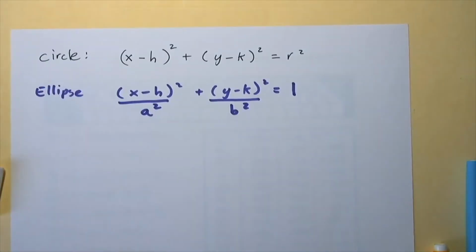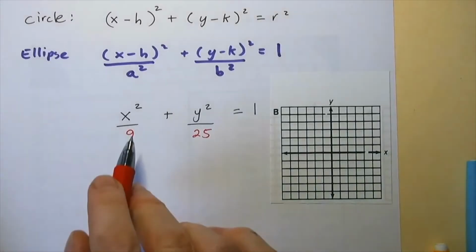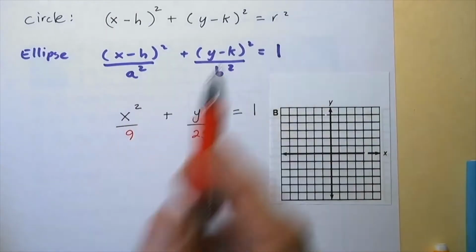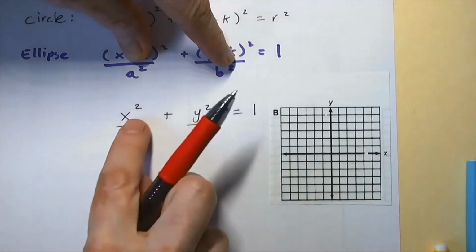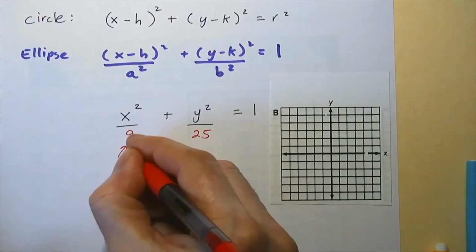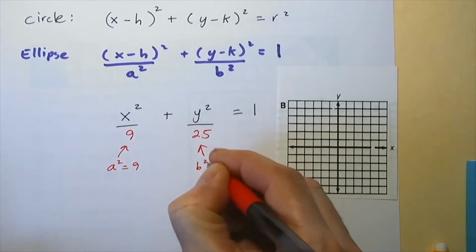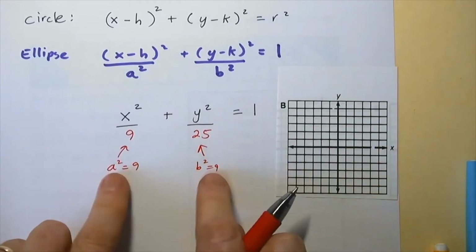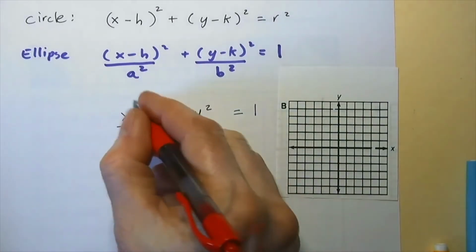Okay, let me put some numbers in here so we can see how it works. Now I didn't put a minus h and a minus k. Let's pretend the center is just 0, 0. So what are these numbers underneath? This is a squared, and this is b squared. It doesn't matter which one you call a or b. If you want to switch it, you can. This, though, is under the x.